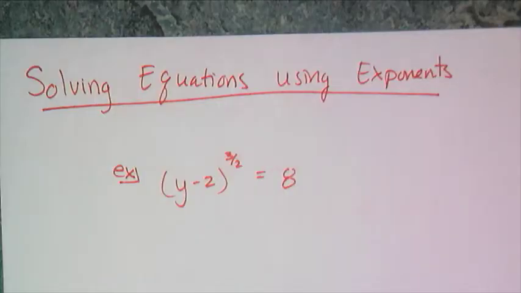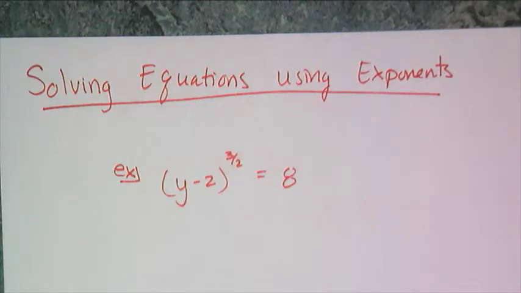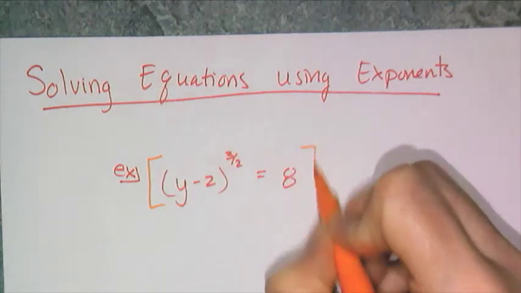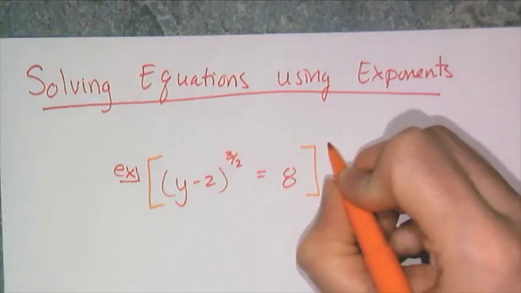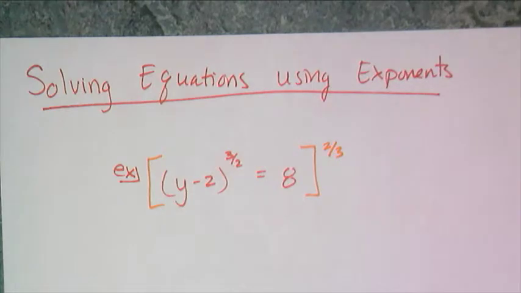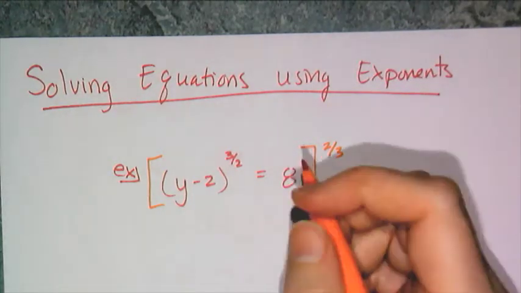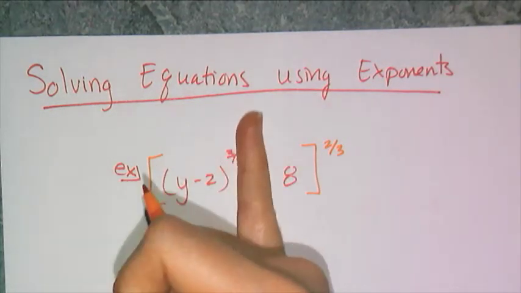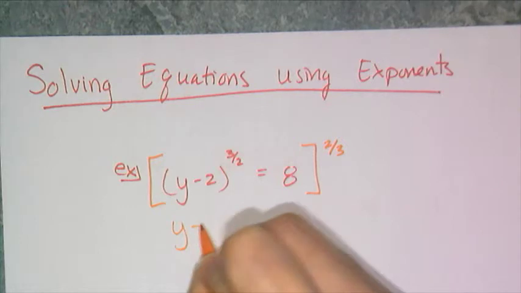Now, when we were solving equations, I really didn't touch upon this technique very much, but you could have just as easily raised both sides of this equation to a reciprocal power, say the 2/3 power, and solved for y. I don't know if you realize that. So I can just use the power rule. If I raise this side to the 2/3 power, I just end up with y minus 2.